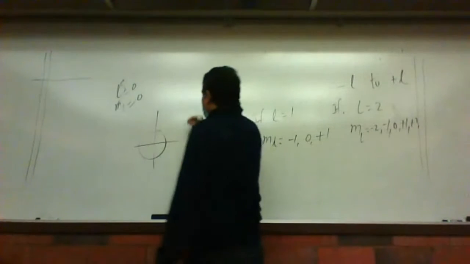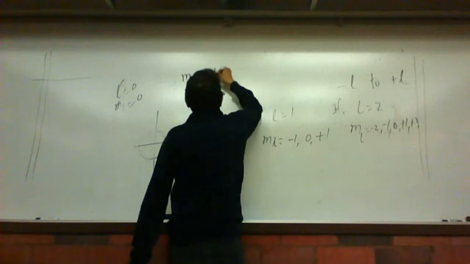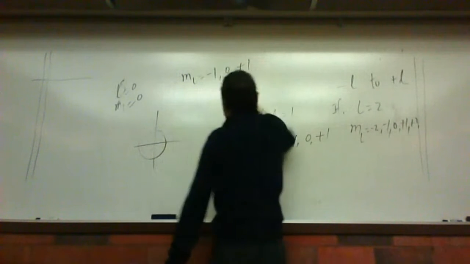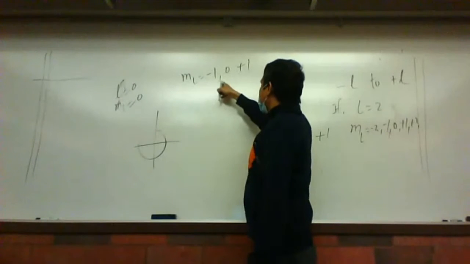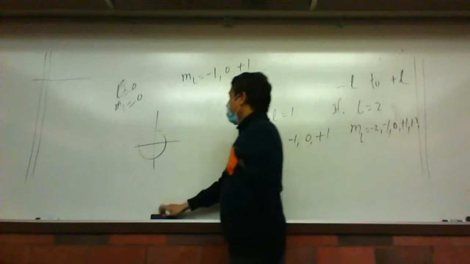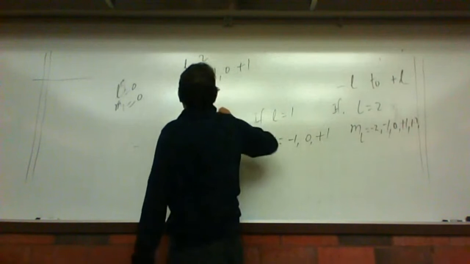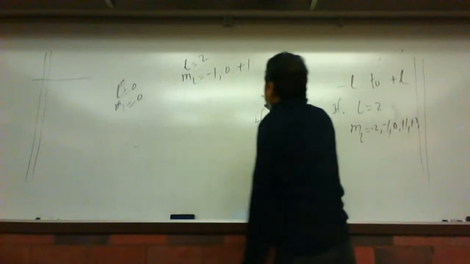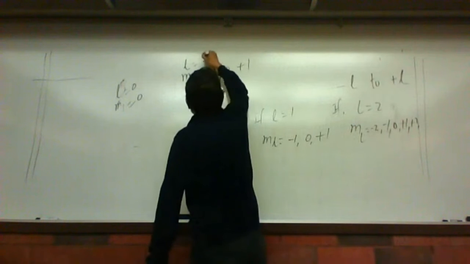How about ML equal to minus 1, 0, plus 1? So we have this quantum number, right? ML is equal to -1, 0, +1. So it is coming from L equal to 1.